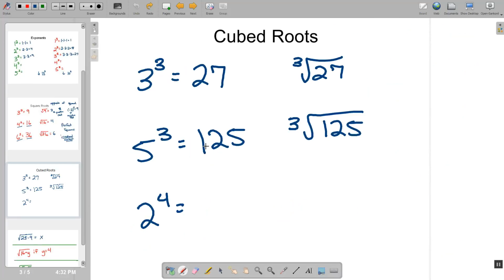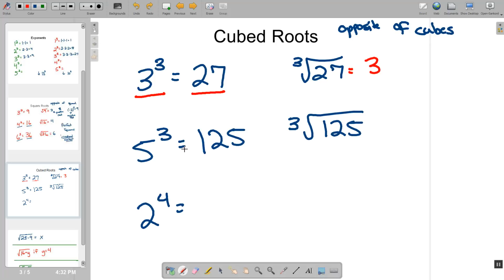Let's move to some cubed roots, which once again will be the opposite of perfect cubes. If 3 cubed, that's 3 times 3 times 3, is equal to 27, the cubed root, which you notice has a little 3 up here, that means cubed root, will be equal to 3.